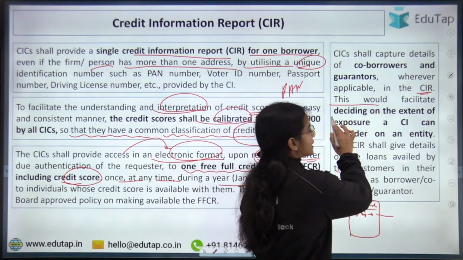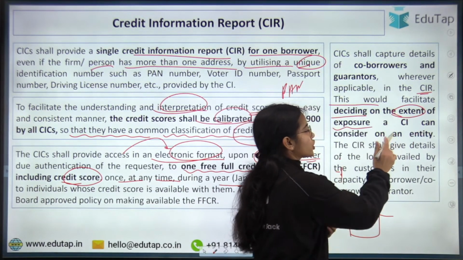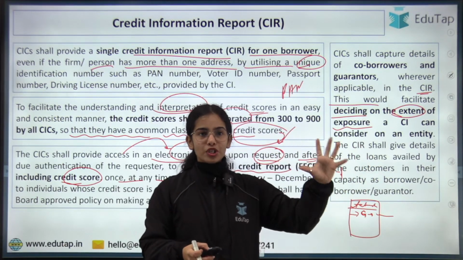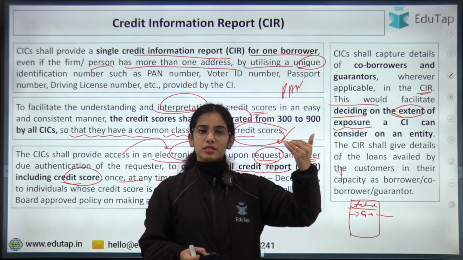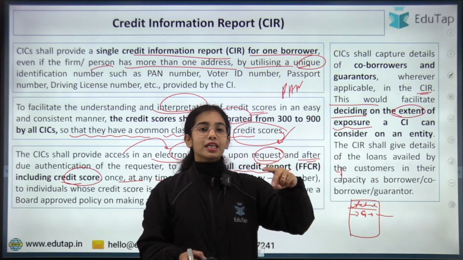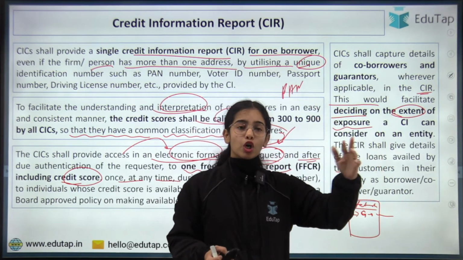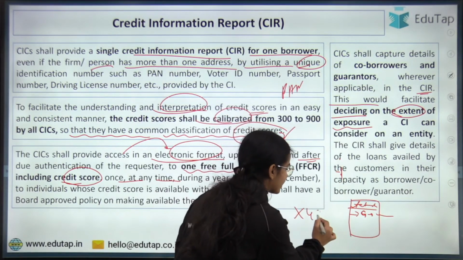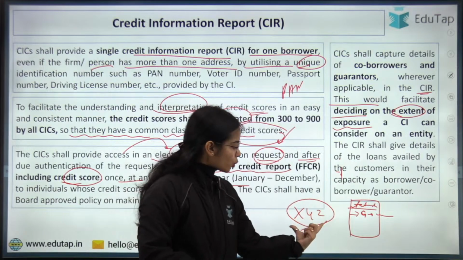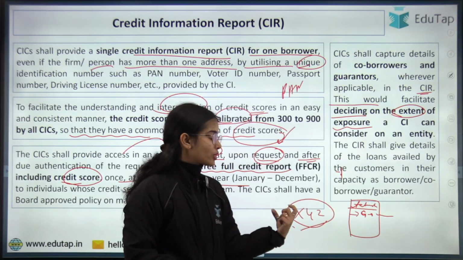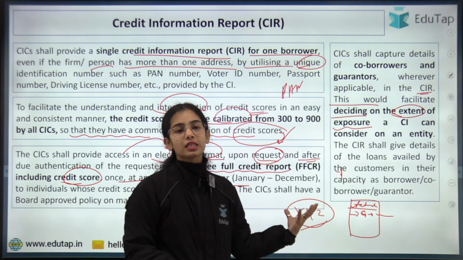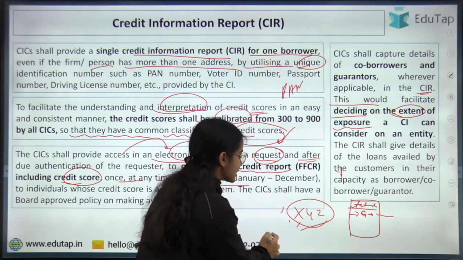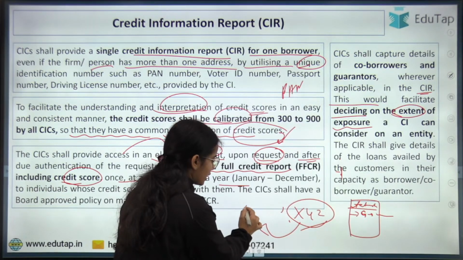This would facilitate deciding on the extent of exposure a credit institution can consider of an entity. Let's say a commercial entity has taken a loan from the SBI, and is also a guarantor on some other loan. So SBI already has a lot of exposure to this XYZ entity, because SBI has provided the loan to this entity, which is also the guarantor. Let's say XYZ is the guarantor for ABC.